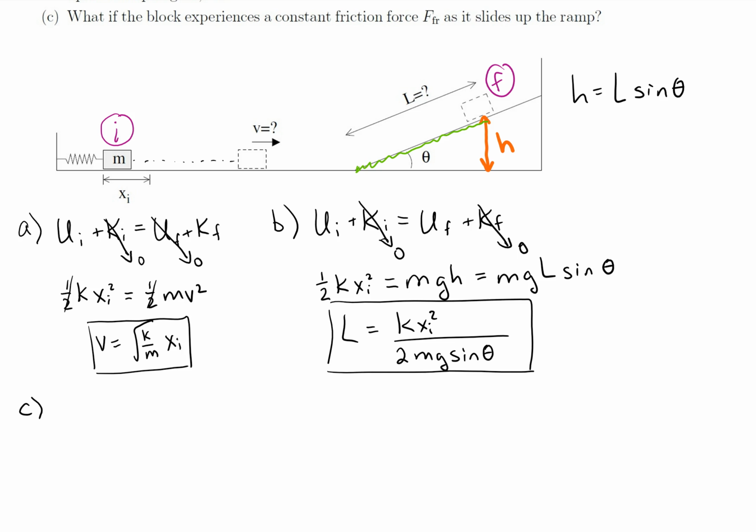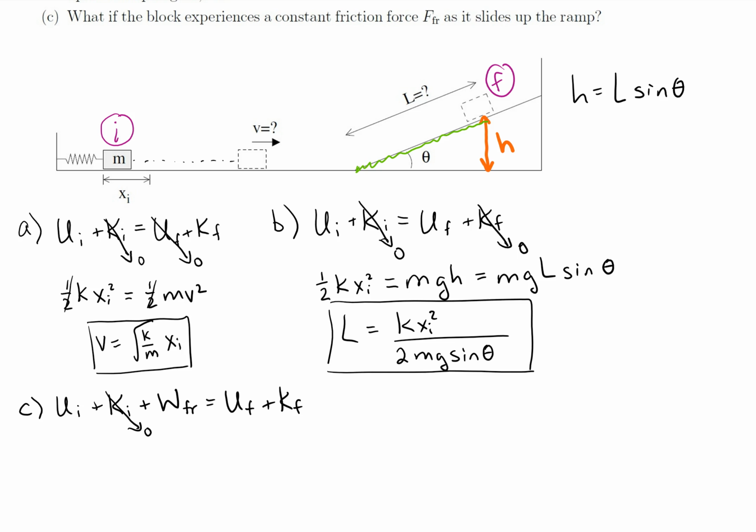So now we're going to do the same thing, except we have to include the work done by friction here. And this is just like our initial work kinetic energy theorem, but now we're expressing work done by the gravitational force and the spring force in terms of potential energies, but we can't express the work done by friction in terms of a potential energy, so we just need to calculate out the work.